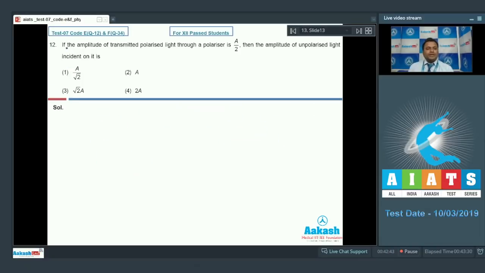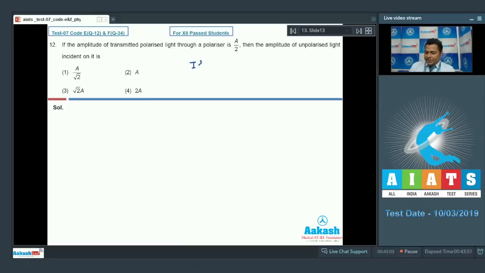So here is question number 12. If the amplitude of transmitted polarized light through a polarizer is A by 2, then what is the amplitude of unpolarized light incident on it? Now we know very well that the intensity of transmitted light becomes half of the intensity of unpolarized light.